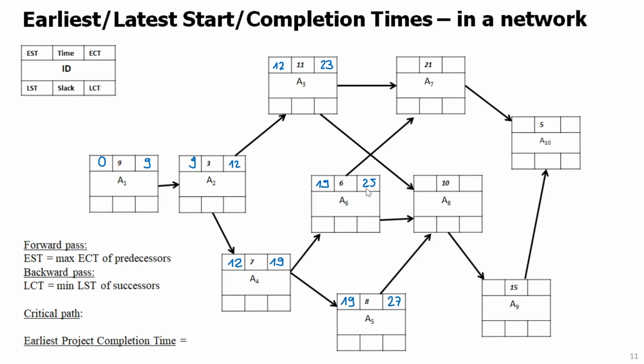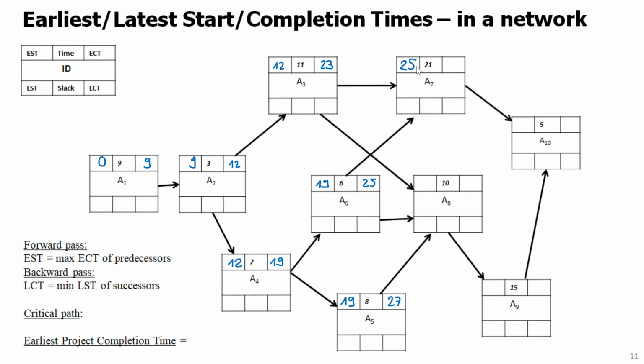A6 can be finished on day 25, so that means 2 days later than 23. So the interesting thing is that the earliest start time has to be calculated as a maximum, not minimum, of those values. It has to be the maximum of 25 and 23, so it has to be 25.